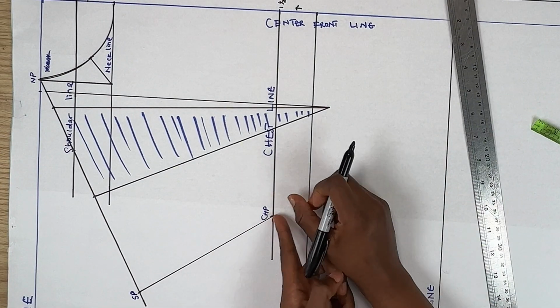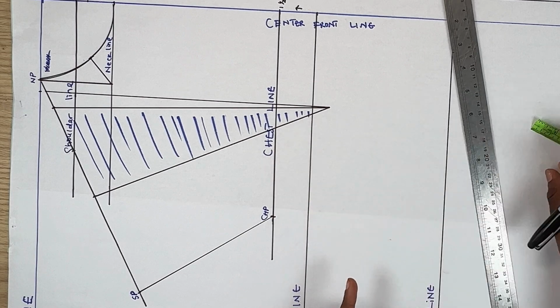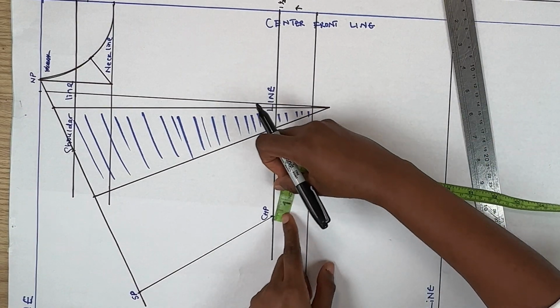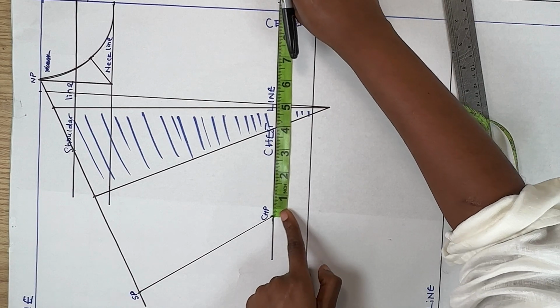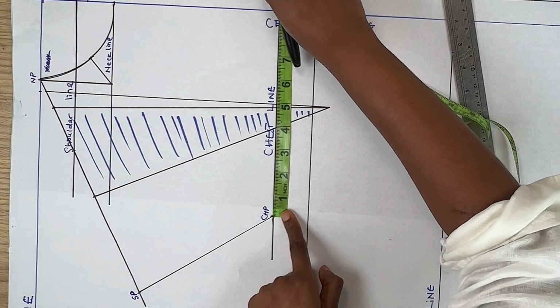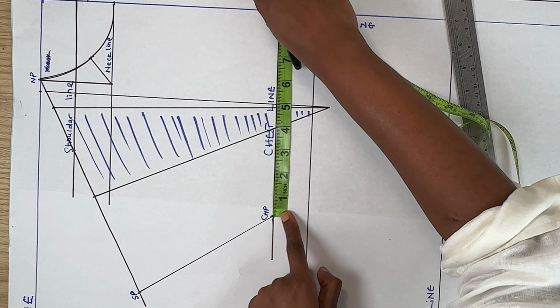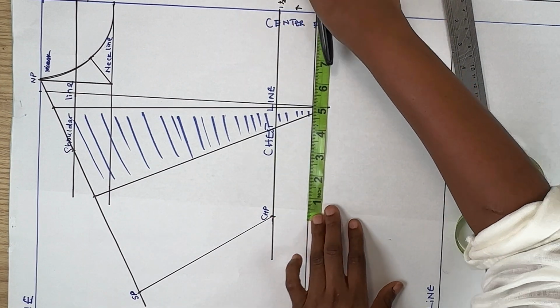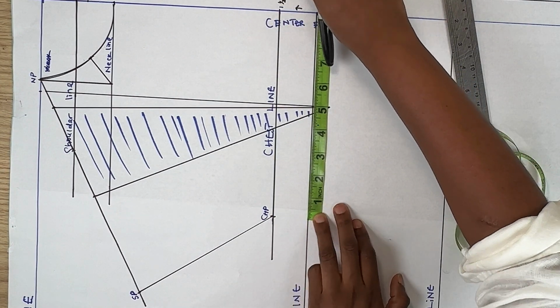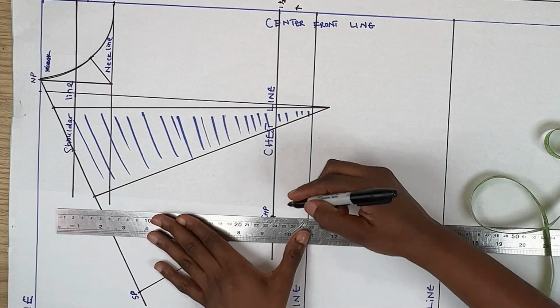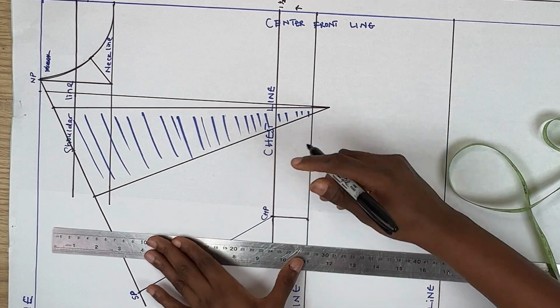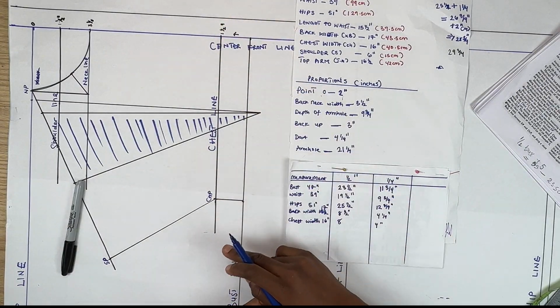So we're using the same measurement here, and I'm just going to measure here again to see what that is. That is about 9 inches. So from this point here, mark 9 inches and then connect like so.